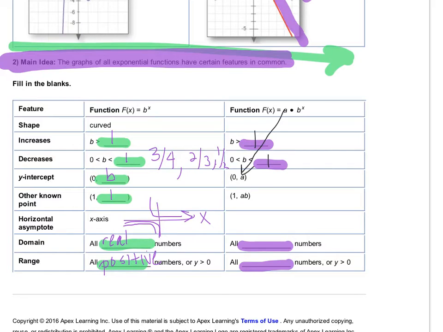Right there. And then another known point is 1 comma ab, where you multiply a and b. The domain is going to be all real numbers, so it'll have that in common. And the range is going to be all positive numbers, where y is greater than 0.